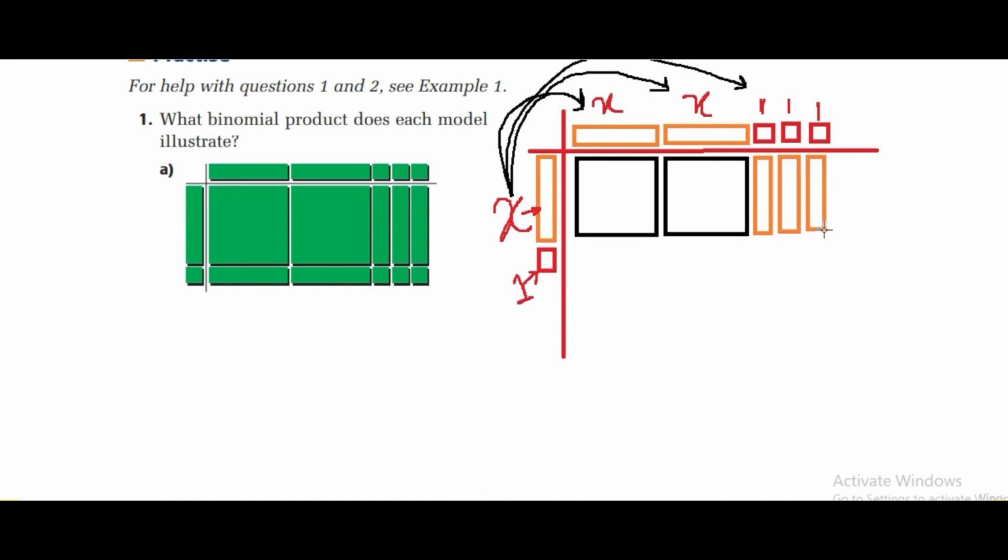One after the other, you multiply the first one, and its representation is here in the tile method. When you multiply this x by this one, you get this tile.